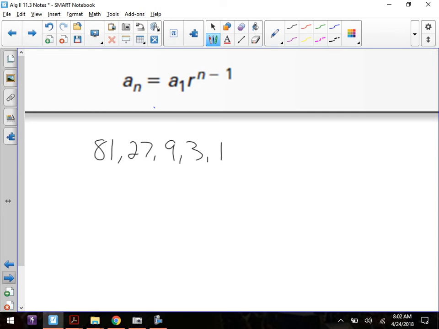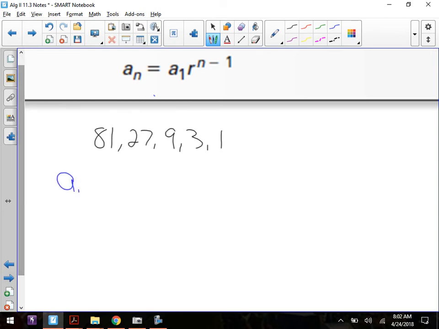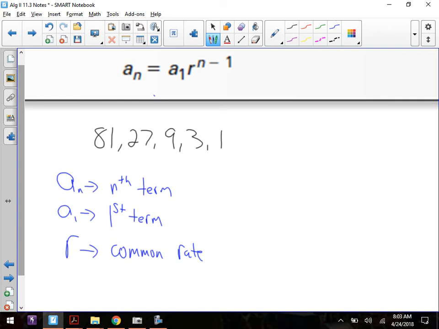So this a sub n still stands for the nth term. A sub 1 is still the first term. And R is the common ratio. Common rates, whatever you want to call it. Multiplier, divider.